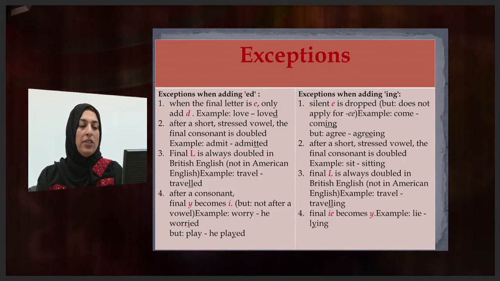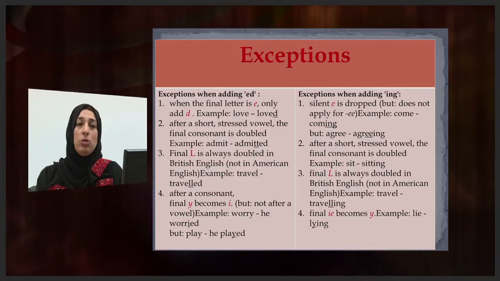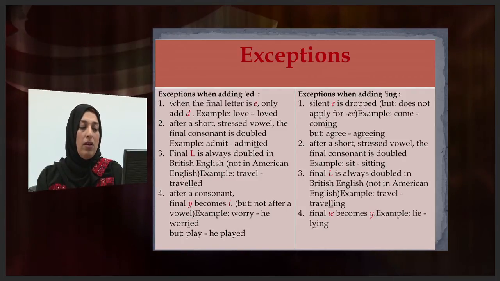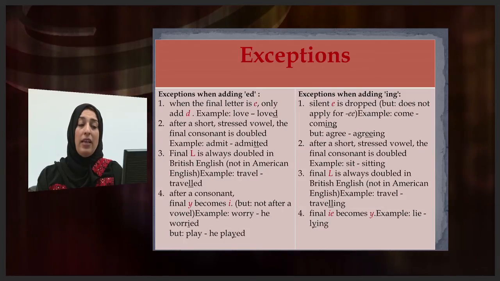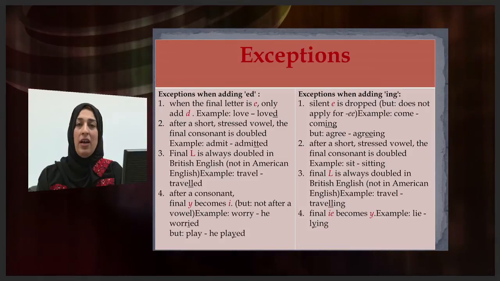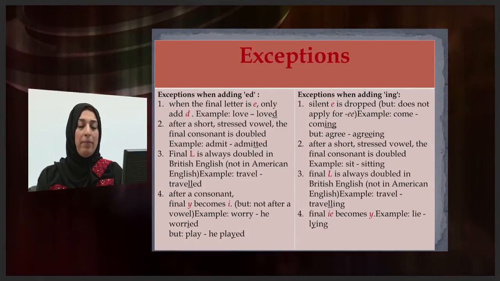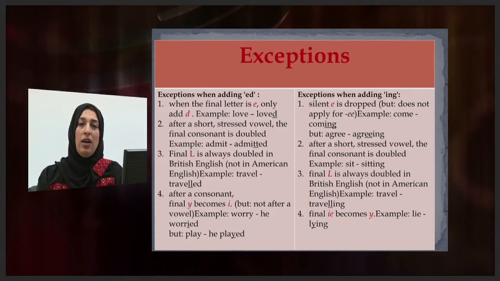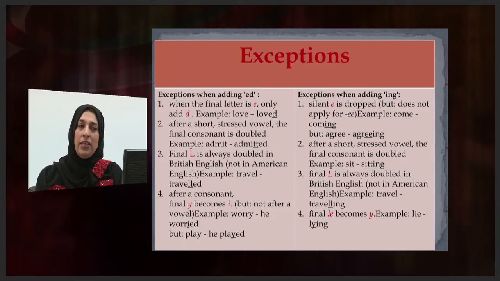Example, the word travel becomes travelling. We double the L. 4. Final IE becomes Y when adding ing. For example, lie, we change the IE into Y and we simply add ing.